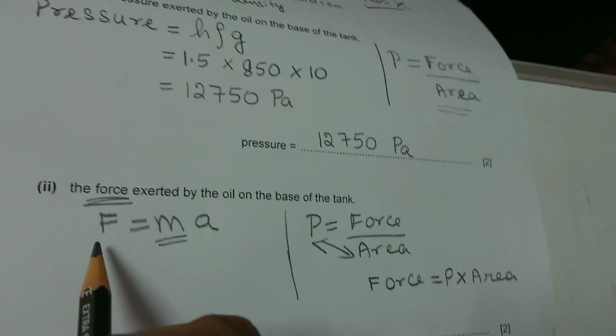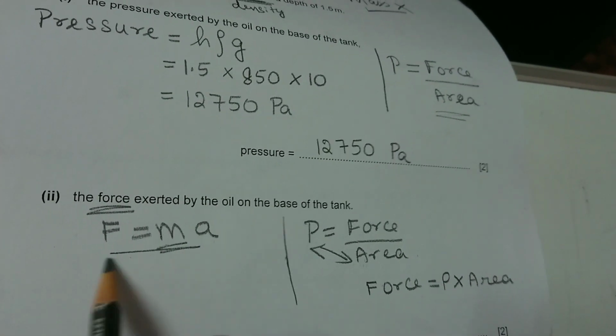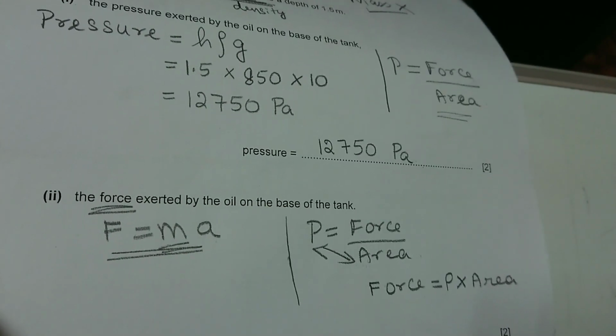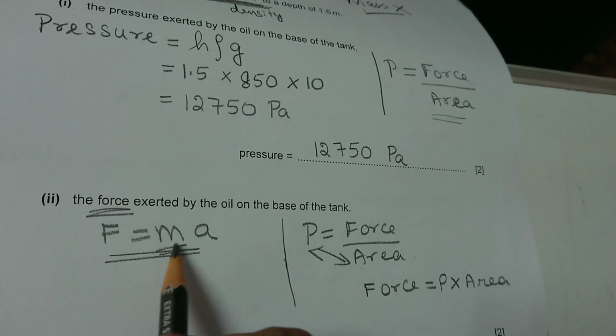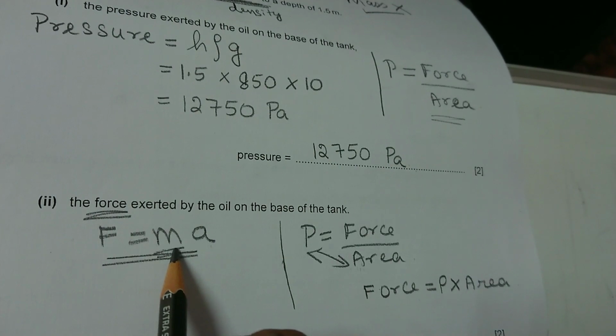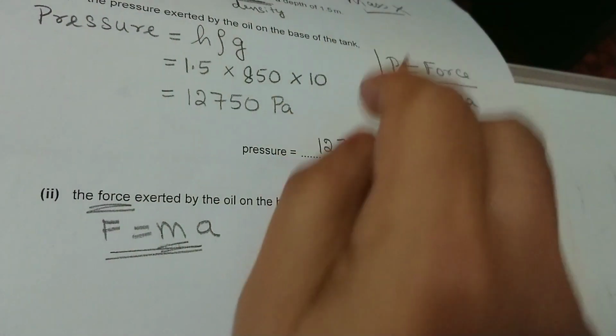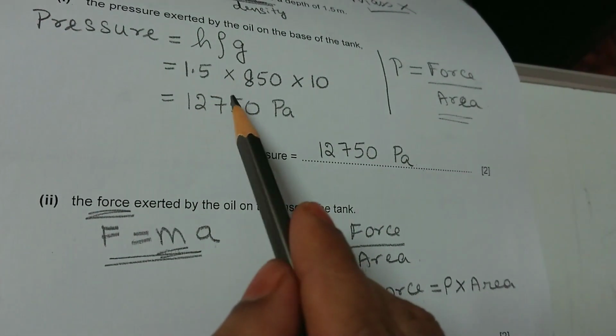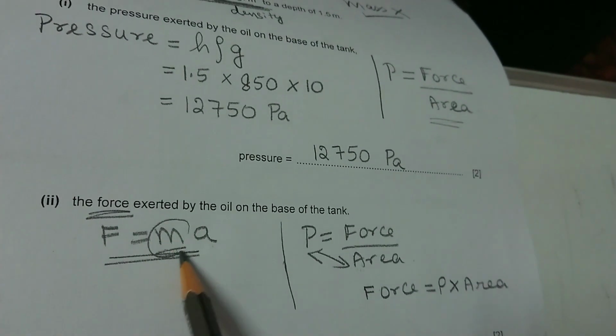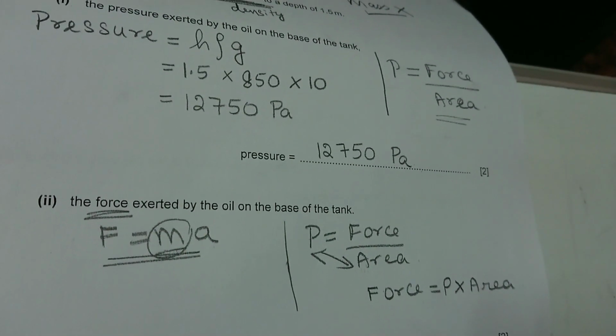So what is the problem here? If you are using this formula, then the first step is you must calculate mass. But in this question, mass is not given. Therefore, first step you have to find out mass.